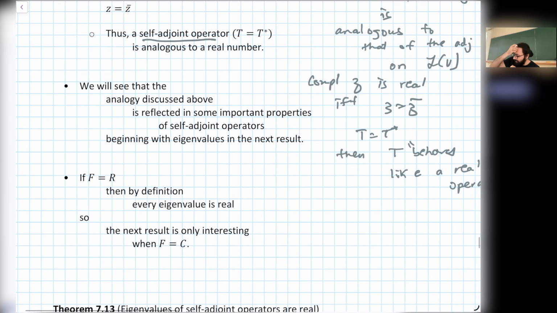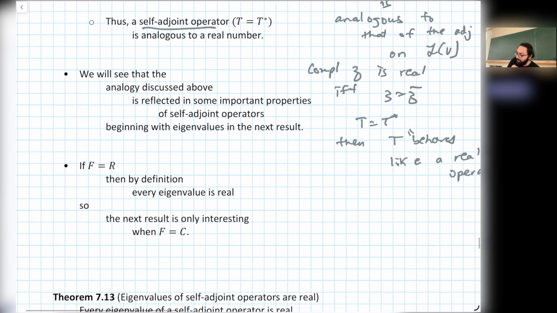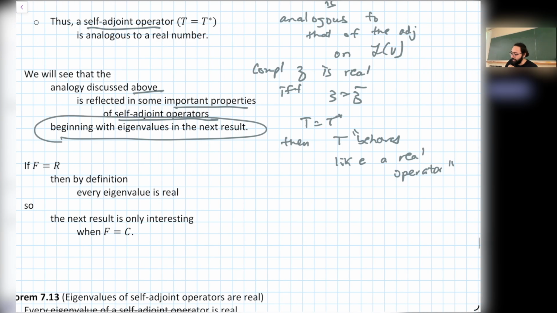Now we'll see that the analogy discussed above is reflected in some important properties of self-adjoint operators, beginning with eigenvalues. I just said it behaves like a real operator, but I didn't tell you what that means. What we'll see is that there are lots of properties that behave like real numbers. In particular, even though the matrix itself can have complex entries, the eigenvalues will turn out to be real.